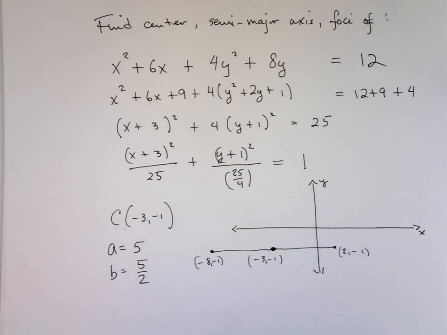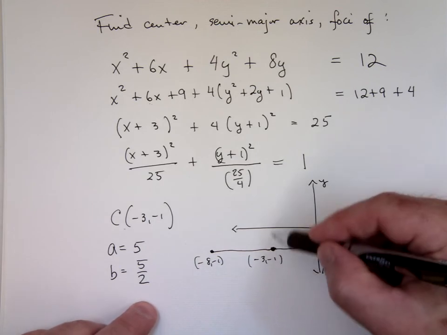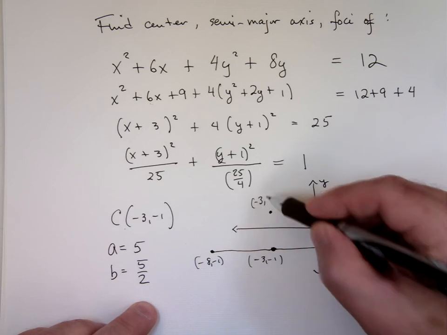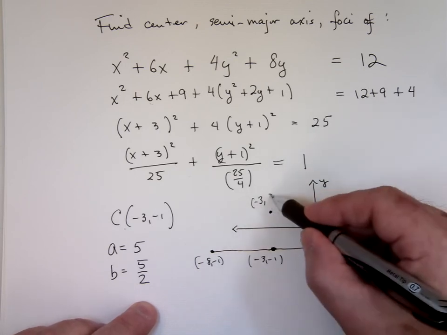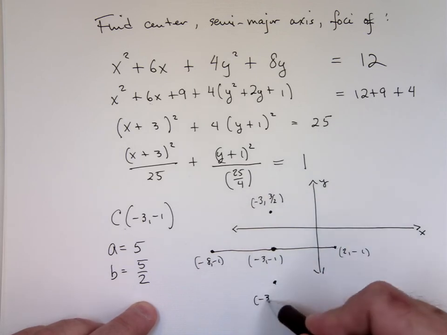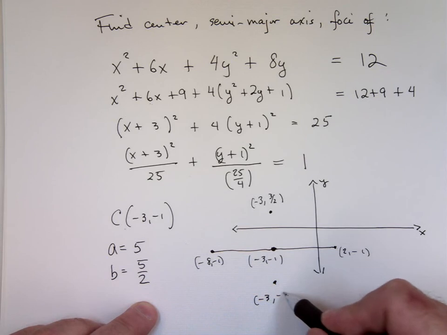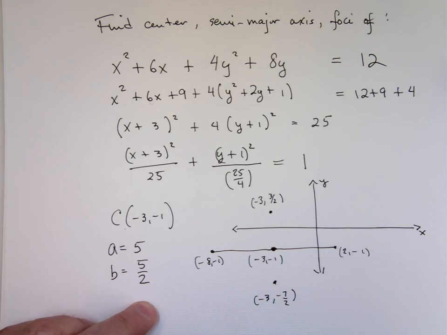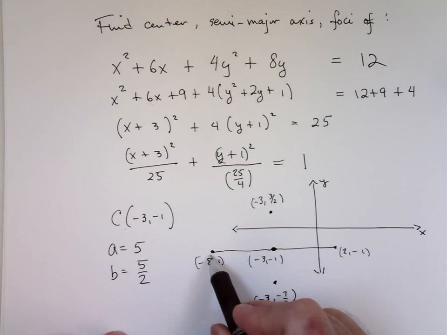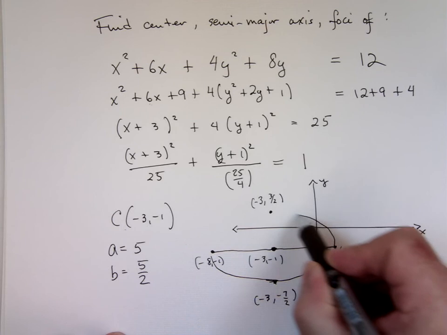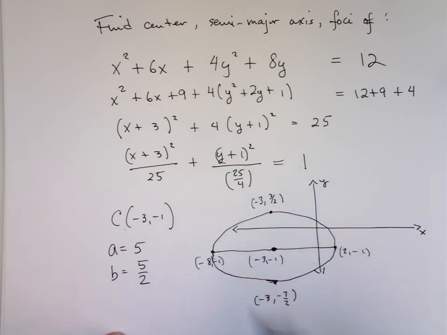We're going to go up 5 halves this way for our semi-minor axis. 3 halves here. And down here will be -3, -7 halves. Boy, I hope, I think, I guess. So my ellipse looks like this. Boy, this is a genuine pain in the neck to do this. Okay, that's the ellipse.